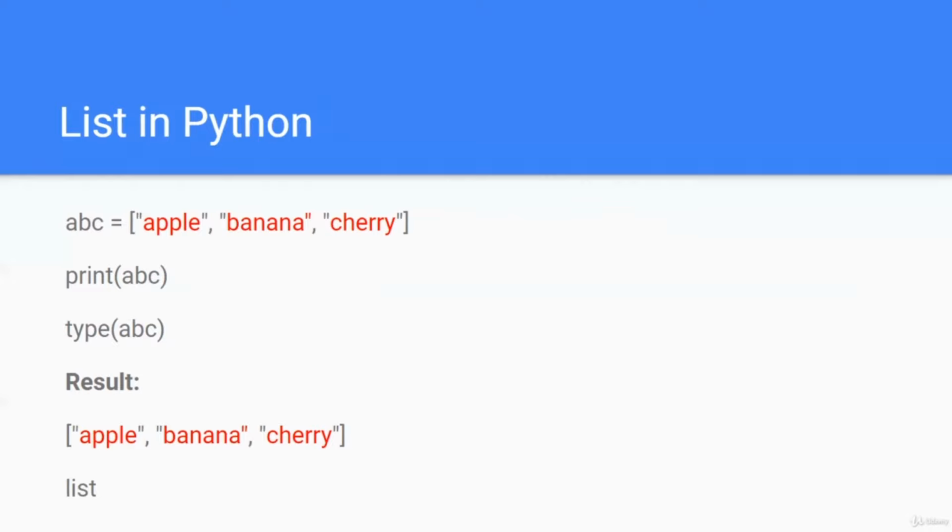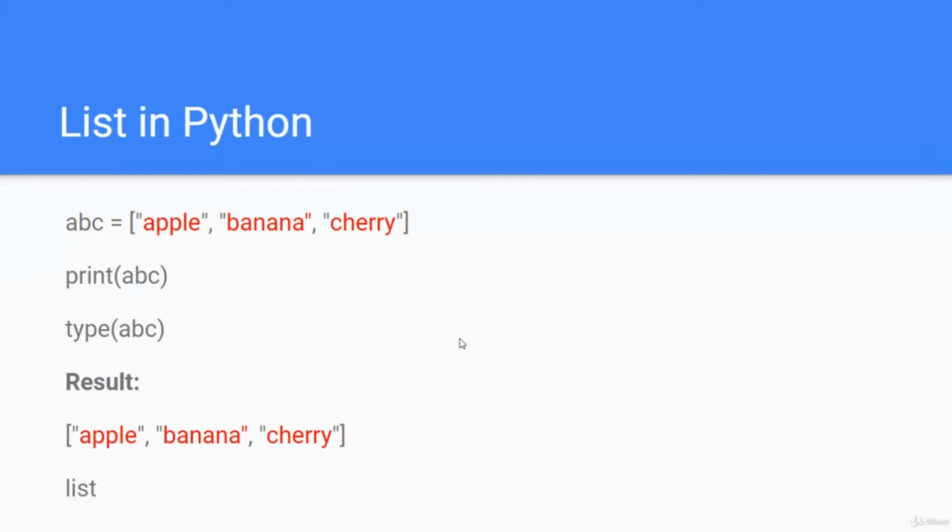So basically, a list can contain heterogeneous data together. If you print ABC, we will get an output in the result section: apple, banana, and cherry. If you want to find the type, we'll have to write type in brackets ABC. So it will return us the type of ABC, that is a list.